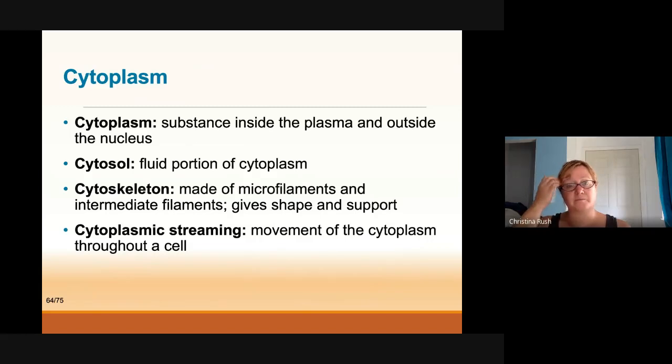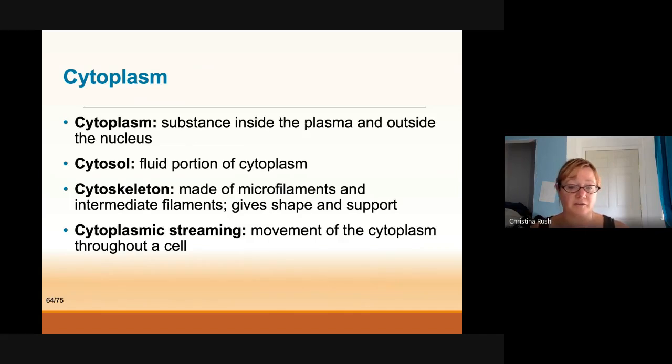The cytoplasm is pretty similar. The cytoplasm is the substance inside the plasma cell membrane and outside of the nucleus. The cytosol is the fluid portion of the cytoplasm. The cytoskeleton is a little bit different because it has different types of proteins for eukaryotic cells.